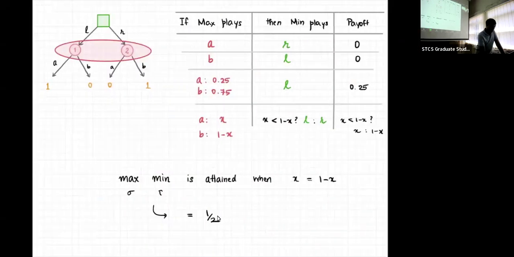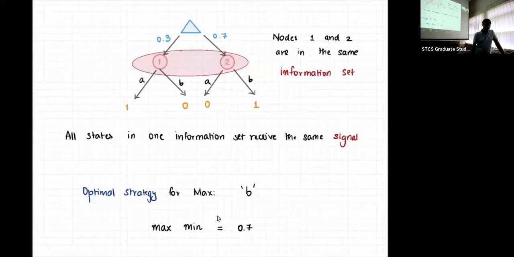Sorry, I missed this thing. Why is it the case that the outgoing actions from all these vertices have to be the same? Because you cannot distinguish between these two nodes. To you, it's the same signal that you get, and on receiving that signal, you have to play some action. But I could have had, say, a C here and a D there.